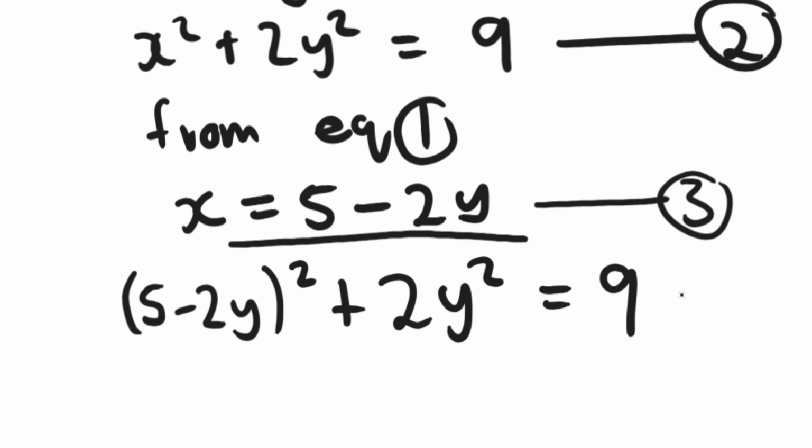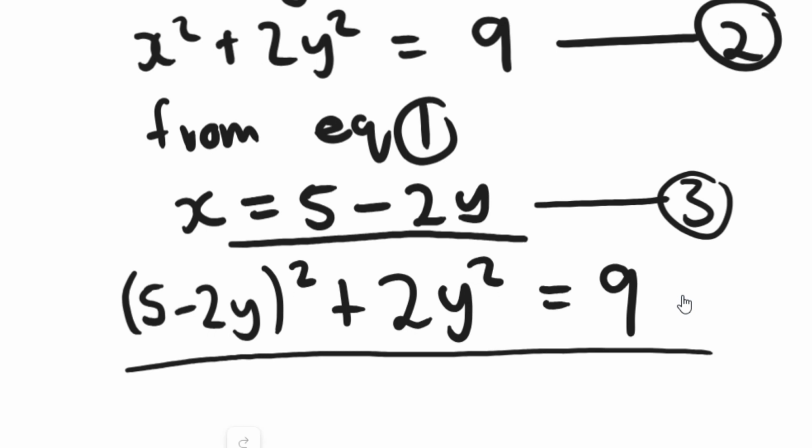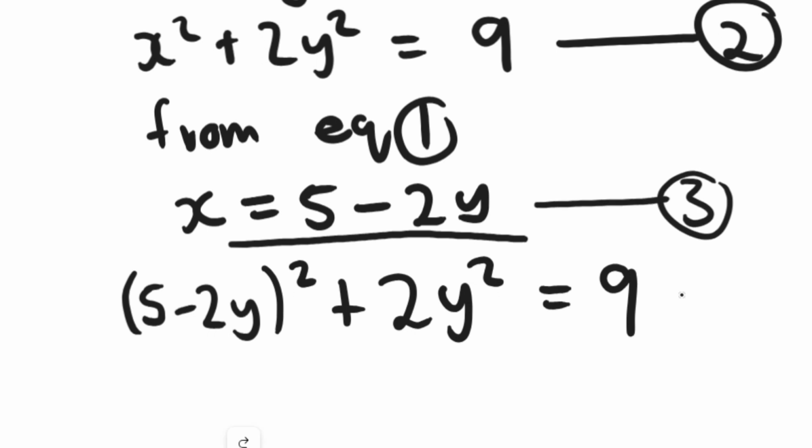Okay, now let's proceed. From this equation we now have only one unknown that we can solve for, that is the value of y. Let's solve for the value of y now. We have 5 squared there, that will give us 25.